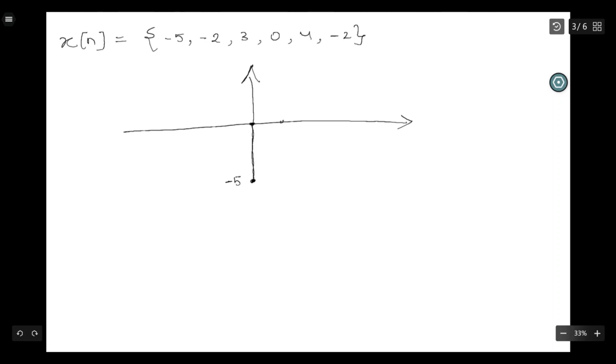Okay. This is -2, 0, 1. This 3 comes at 2. 0 at 3 and 4 at 4, -2 at 5.